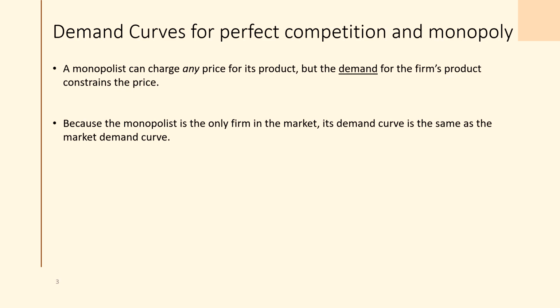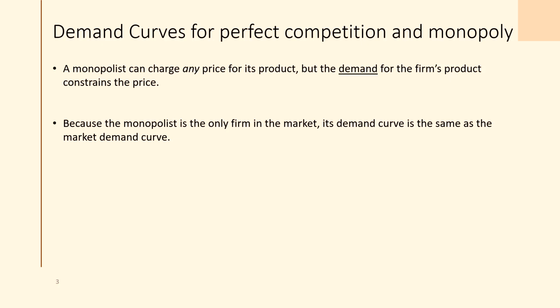Now let's begin with demand curves. Monopolies can charge different prices for each product, but it is still constrained by demand. Consumers decide how much to buy at each price. So even though the monopolist has market power, it cannot charge any price it wants without consequences.